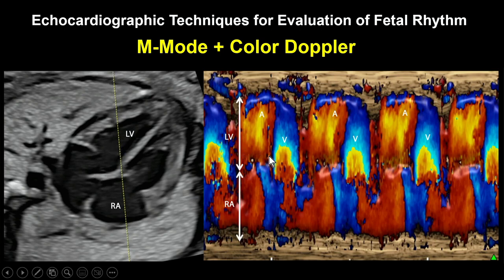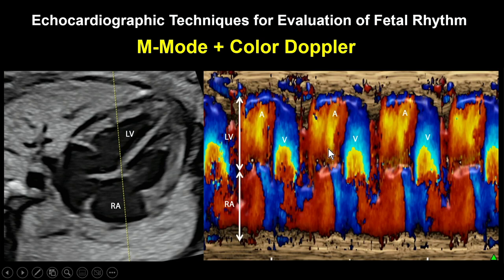We will be able to see the flow during diastole, the early diastolic filling and the atrial contraction, and this is the time when the mitral valve is open. Then we catch the blood flow in the left ventricular outflow tract, that is ejection into the aorta, and that corresponds to the ventricular contraction.